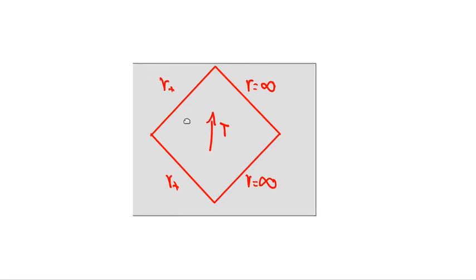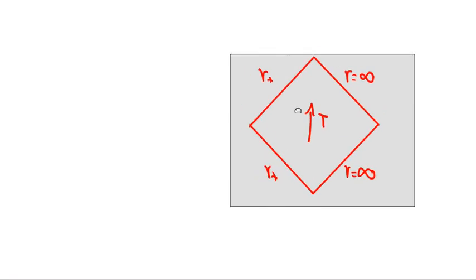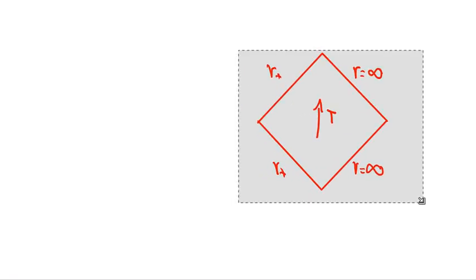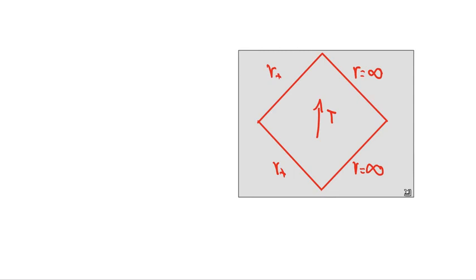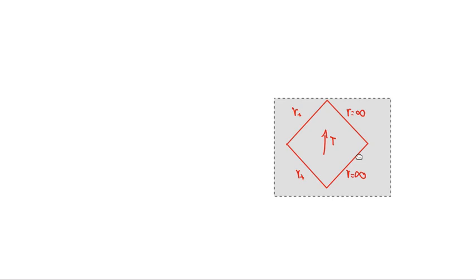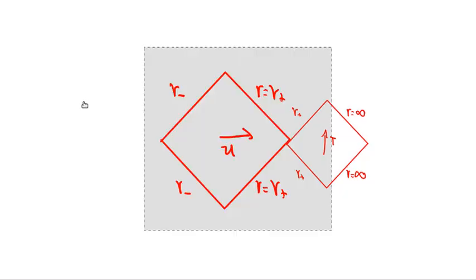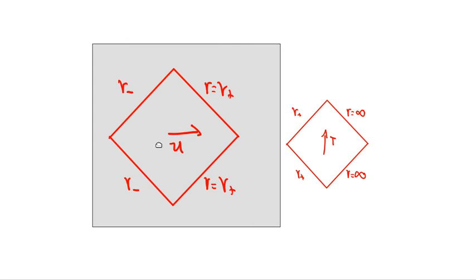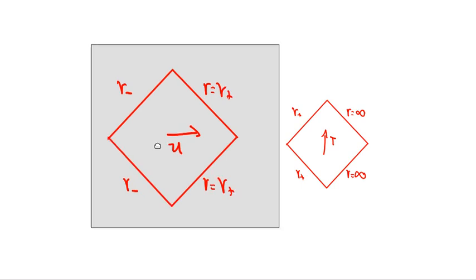We start with this region. I have to rescale this a bit. And now we have to add other diagrams along matching sides and keeping the time orientation. So for example, I can take this diagram.